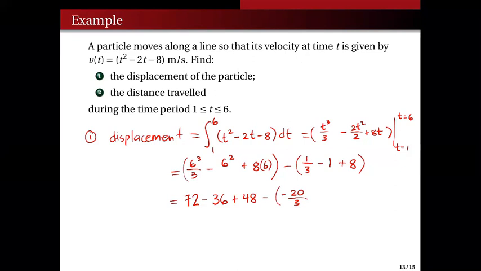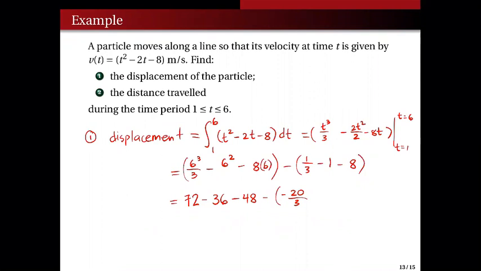Okay? Just a minor correction again. This guy here should be minus. Here also will be minus. So this guy here is minus.